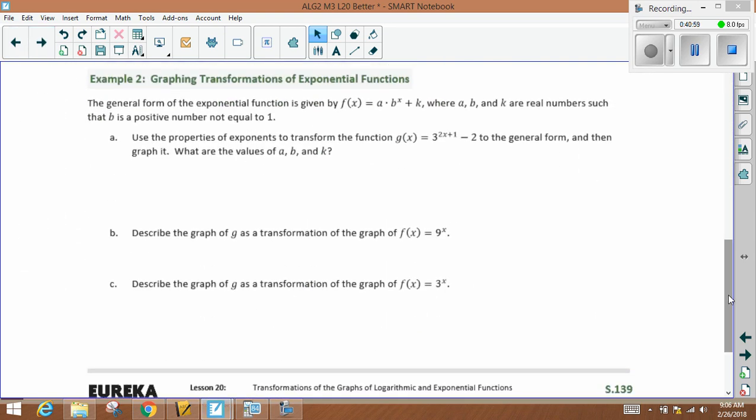All right, so general transformations of exponential functions. What's going to happen? This little 2 here is going to be a scaling. I'm sorry?